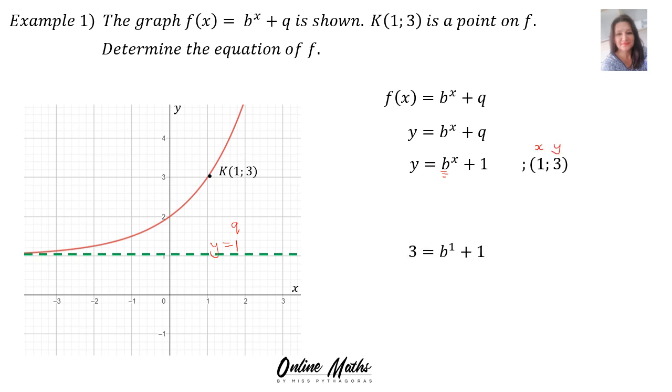In y's place, we substitute 3 equals b. In x's place, 1 plus 1. 1 walks across, 3 minus 1 is b, 3 minus 1 is 2, is b. Therefore, the equation of this exponential function is f of x is equal to 2 to the x plus 1.